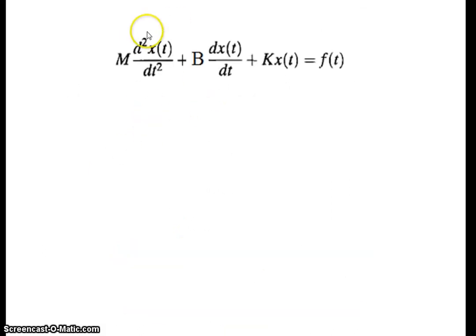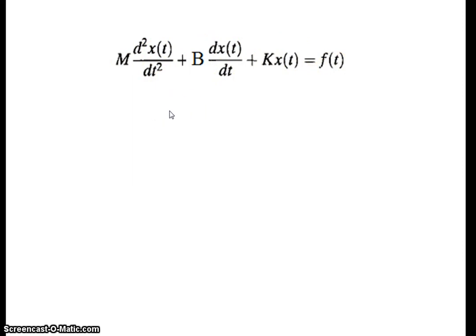So looking back, this is our differential equation, or the model equation of the mechanical model. This is the mass times the second derivative of the displacement, plus the damper times the first derivative of the displacement, plus the spring times the displacement. It will be equal to the applied force.